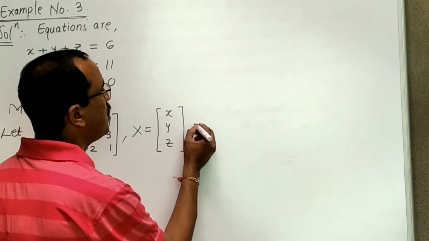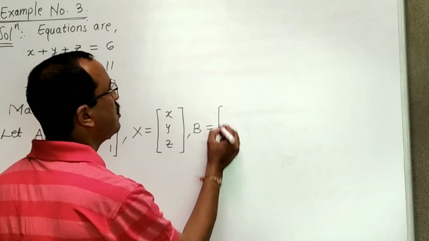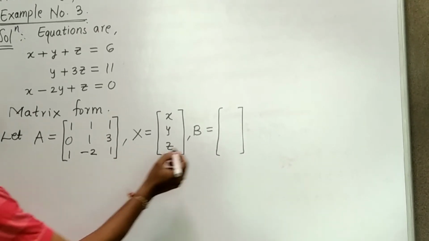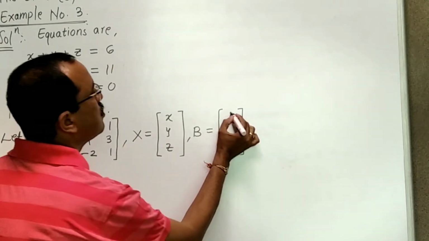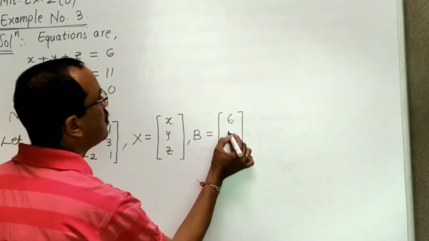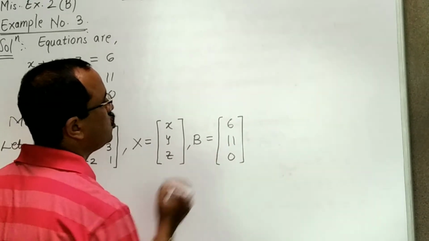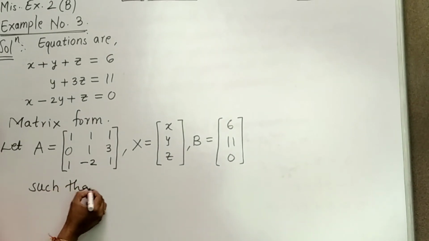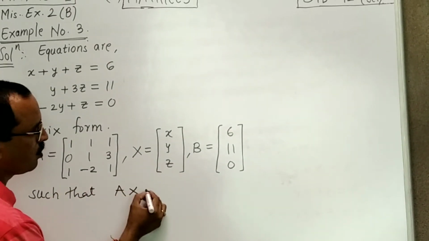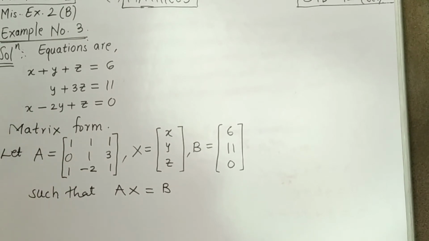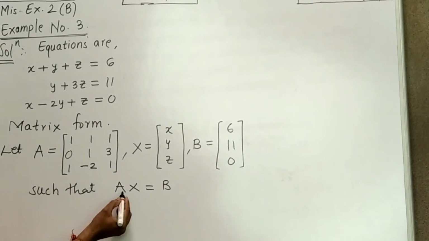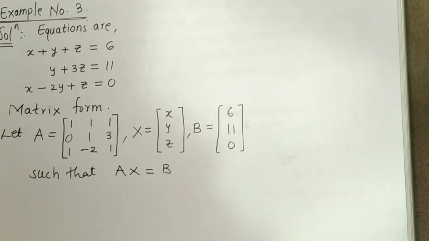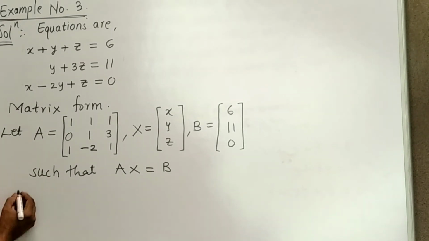And then matrix B, capital B, is also a column matrix with first element 6, second 11, and then 0, such that AX is equal to B. Now we put the values of matrices A, X and B, and then solve by using the reduction method.